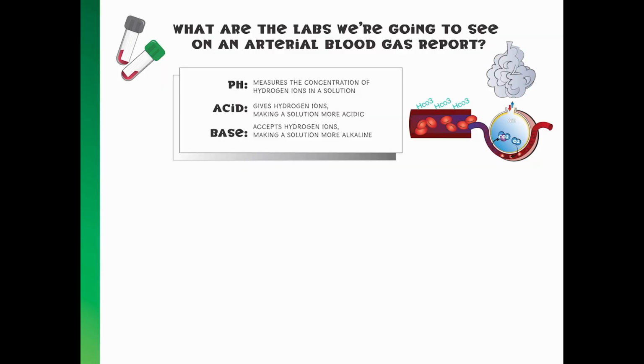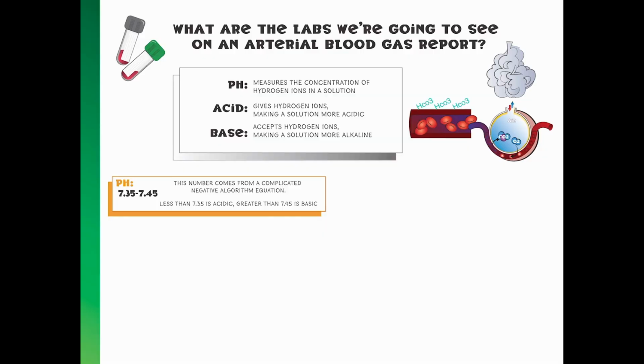So first, we want to remember what our pH is. A pH is going to measure the concentration of hydrogen ions in a solution. Normally a pH scale is from 0 to 14, and 7 is going to be our neutral mark. Anything below 7 is going to be acidic, and anything above 7 is going to be basic. But in the human body, this is different.